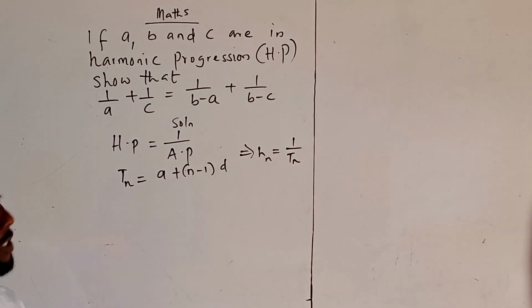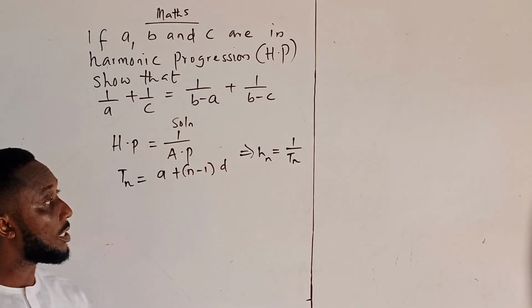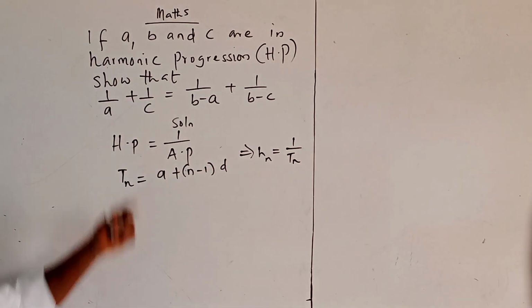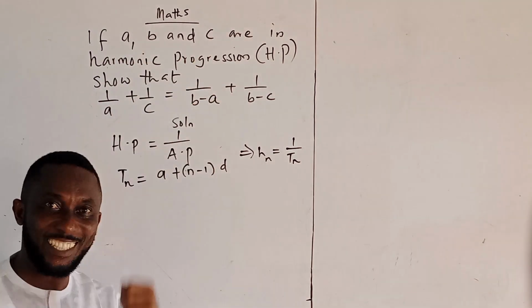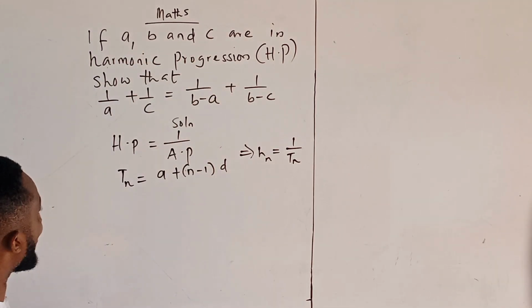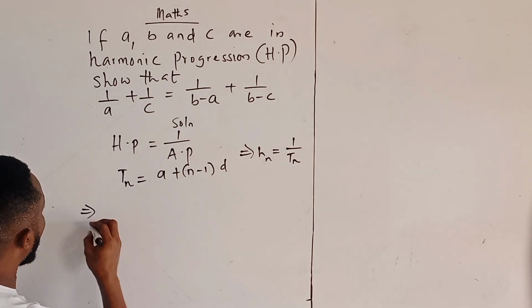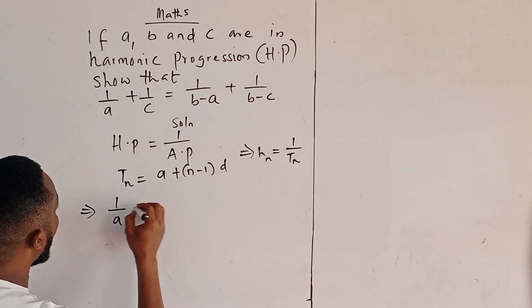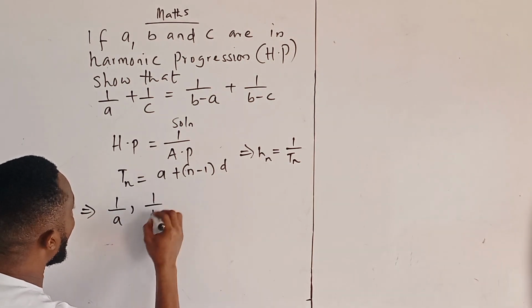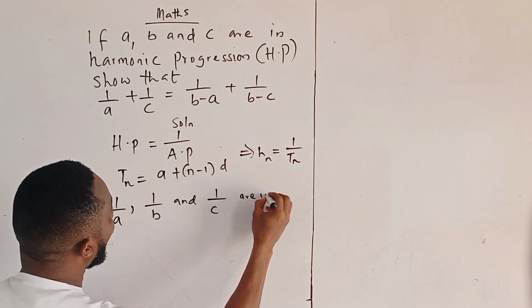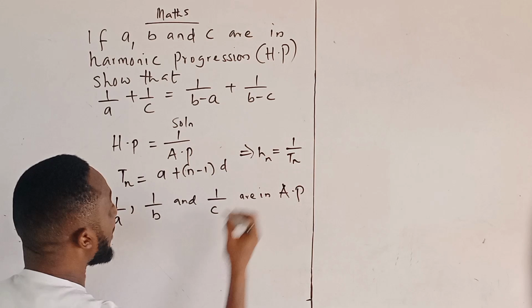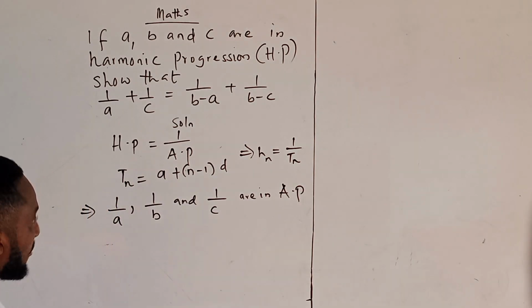From the problem, we are given that A, B, and C are in harmonic progression. So it implies that the inverses, 1/A, 1/B, and 1/C, are in AP. AP is what we are used to.